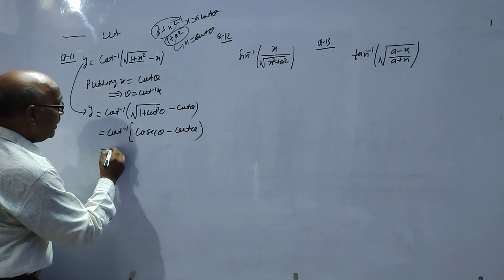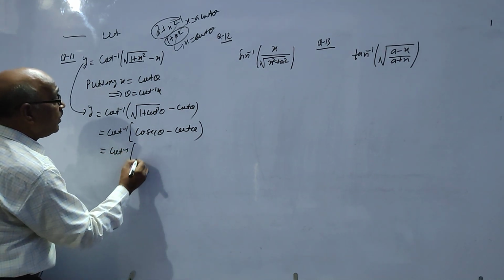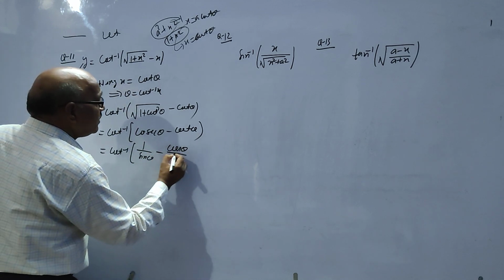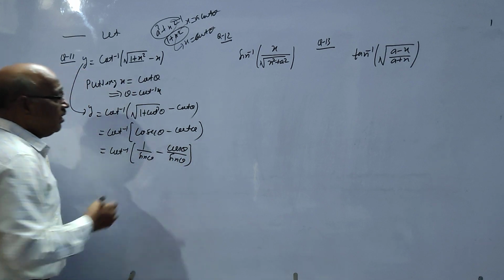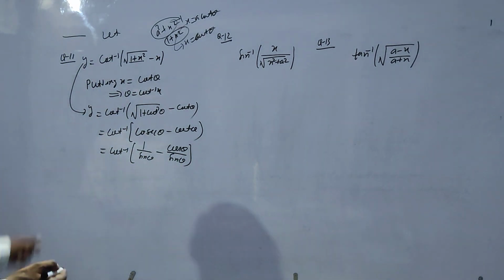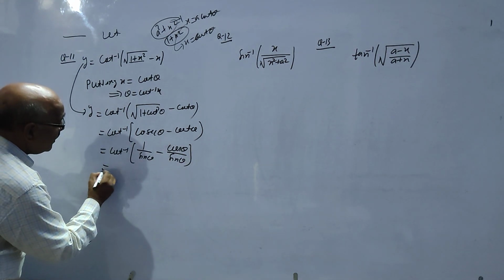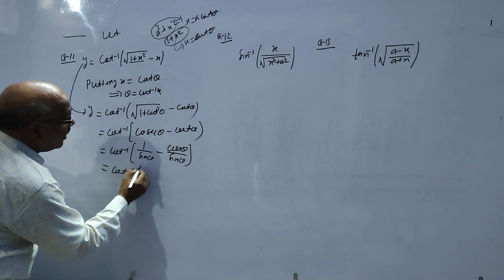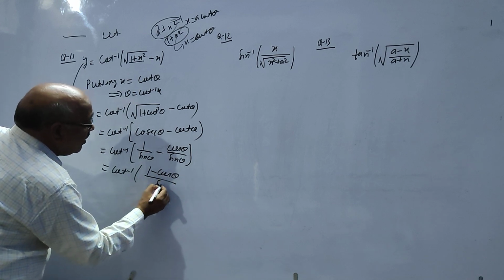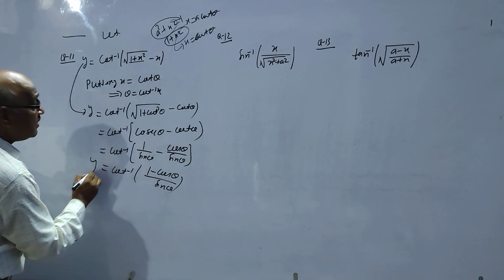Now you simplify it: cot inverse 1 upon sin theta minus cos theta upon sin theta. Cosec theta is equal to 1 upon sin theta and you know cot theta is equal to cos theta upon sin theta. So this is equal to cot inverse, with sin theta as LCM, 1 minus cos theta upon sin theta, and this is y.